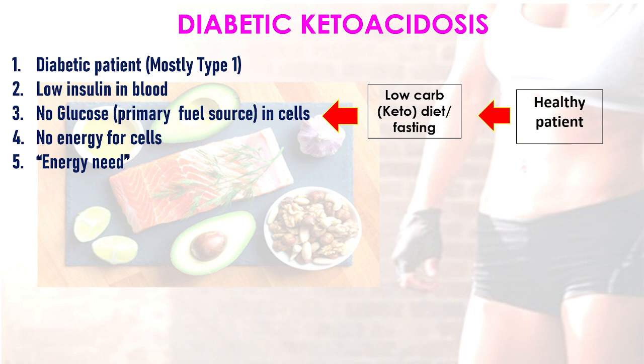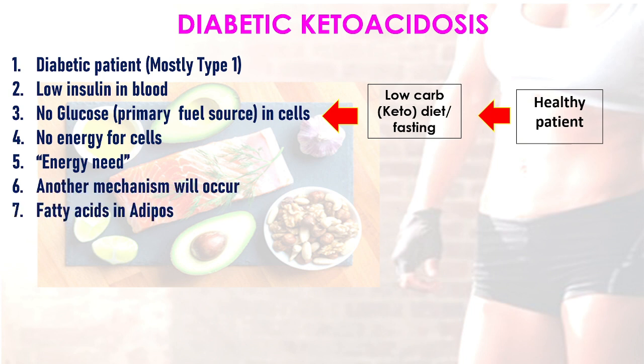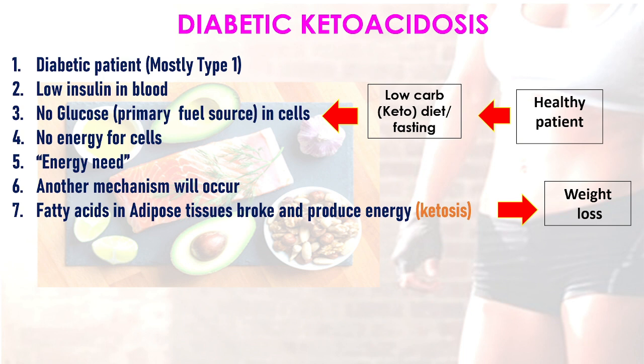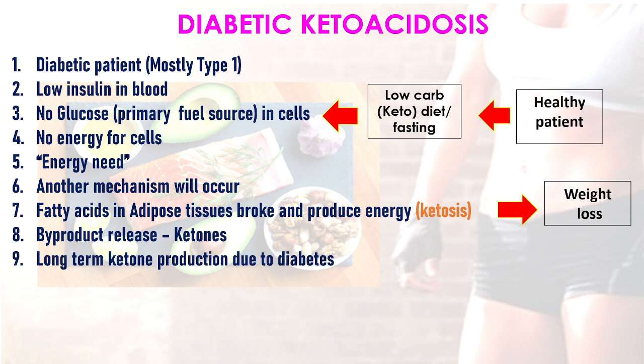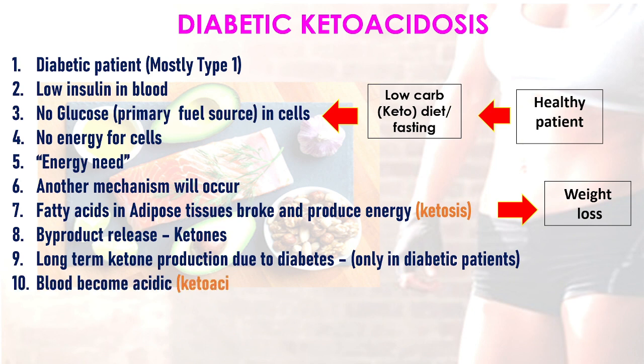Our body begins to produce energy by using another mechanism. That is, fatty acids and adipose tissues break down and produce energy. That is how a keto diet helps in losing weight. Here, a byproduct is released that is called ketones. By long-term ketone production due to diabetes, blood can become acidic. That condition is ketoacidosis. If not treated, it can end with coma or death.